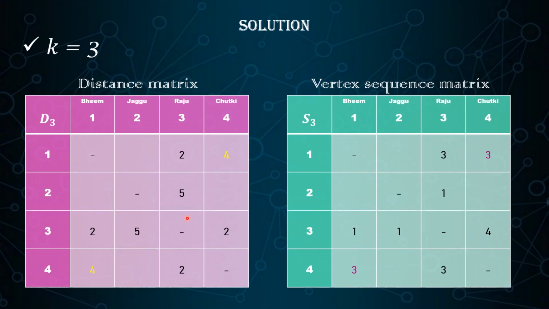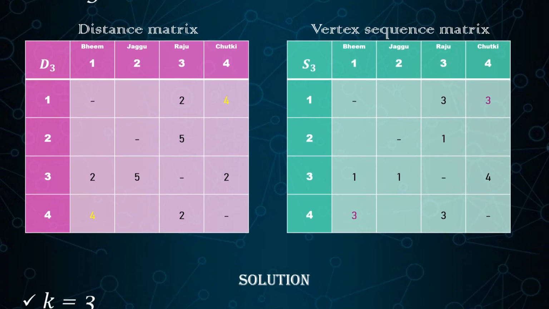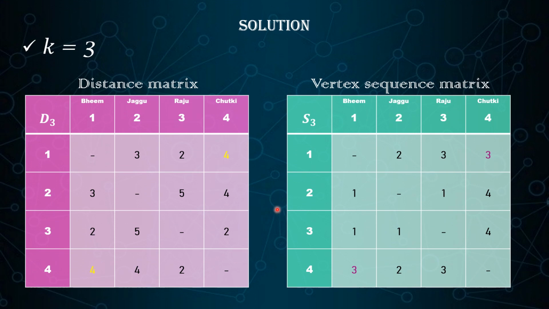We see that the values of D14 and D41 have changed, and the cell values have got the value 4 and 4, and the corresponding k is equal to 3 is entered here in the vertex sequence matrix. The final matrix for k is equal to 3 is this.